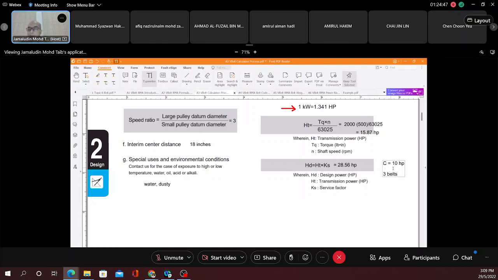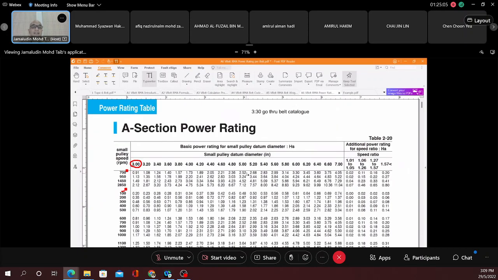That's what it means here. I say the type C is going to be 10 horsepower, meaning each belt can carry less than 10 horsepower. For the belt type, this power is the specific power rating at a certain speed and certain small pulley diameter.